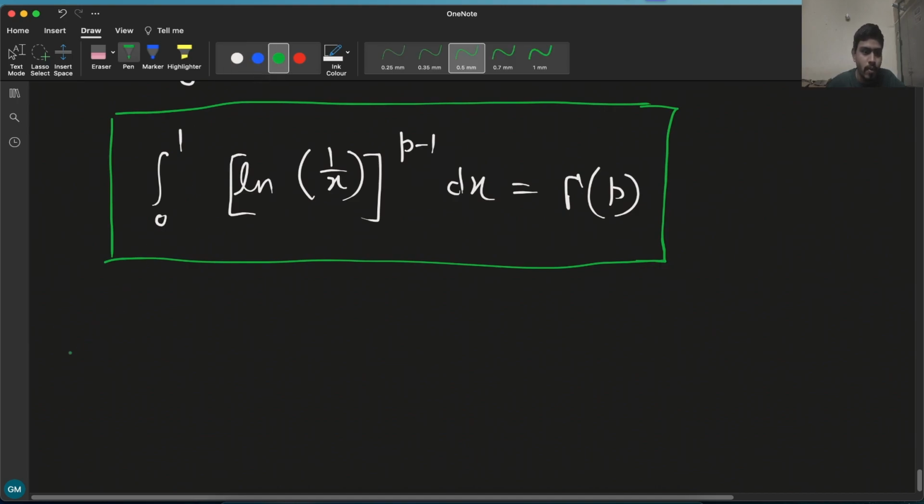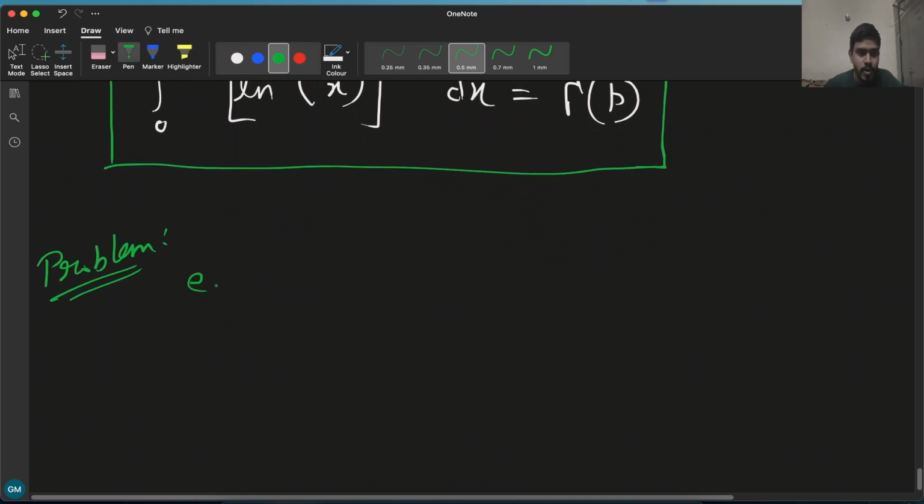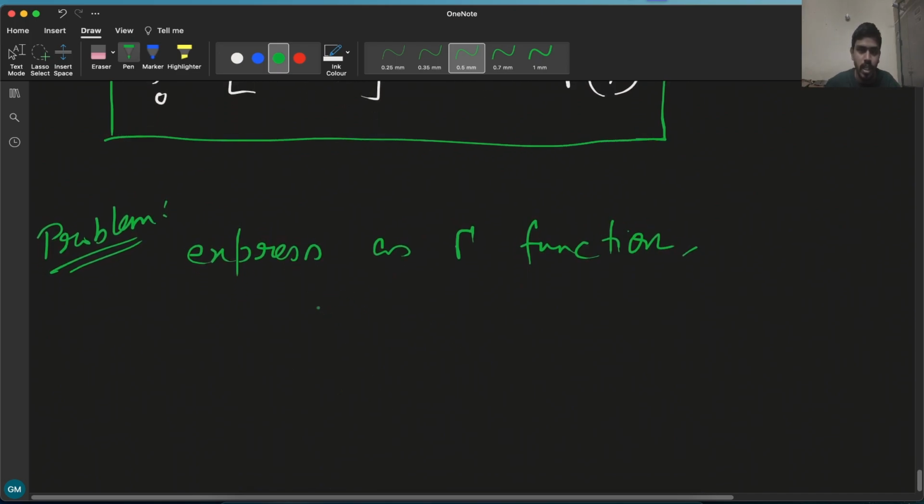Now let's do another problem. Express as gamma function the given function, which is integration from 0 to infinity of x to the power minus 1 by 3 e to the power minus 8x dx.